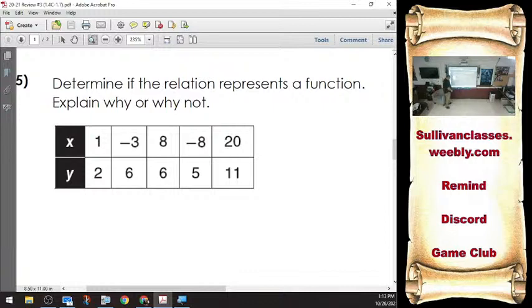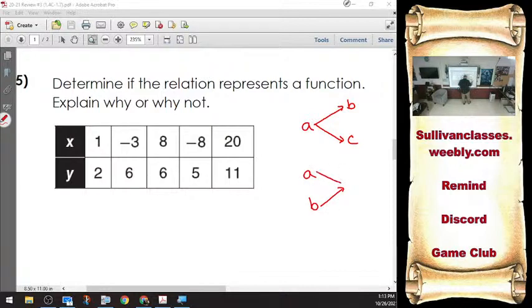Okay. I forget who it was we were working with, but if I have this versus I have this, which one of those is okay?